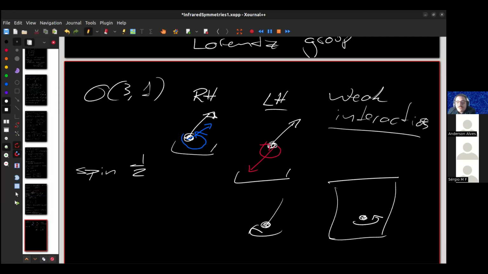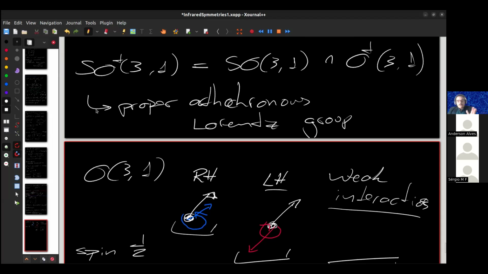So reflections actually change fundamental interactions, even though they do not change the space-time itself. For these sorts of reasons, it is also more interesting in fundamental physics to consider the proper orthochronous Lorentz group than the full Lorentz group, because fundamental interactions actually violate some transformations, some symmetries, of the full Lorentz group.